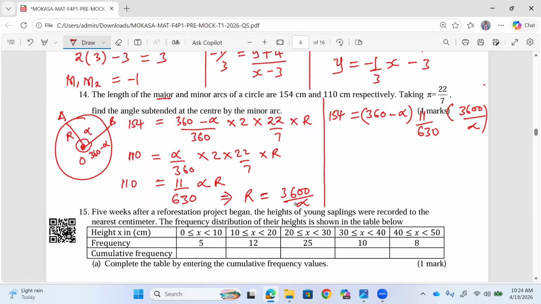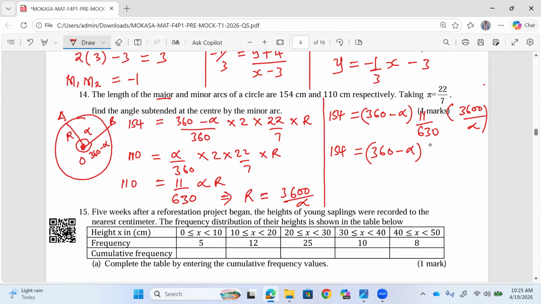So at this point now we can simplify a few things. Times 3600. This is 154 being equal to 360 minus alpha. Then this is being multiplied by what? Let me multiply 11 by 3600.